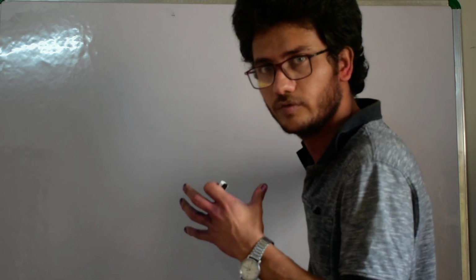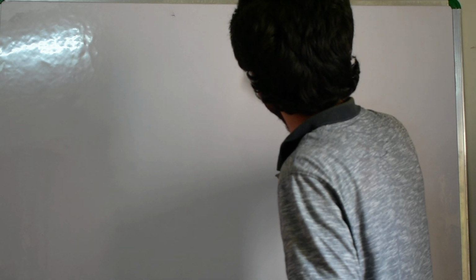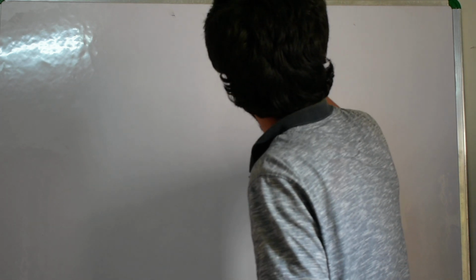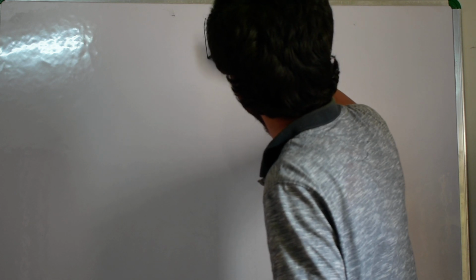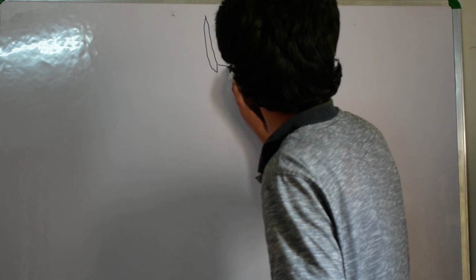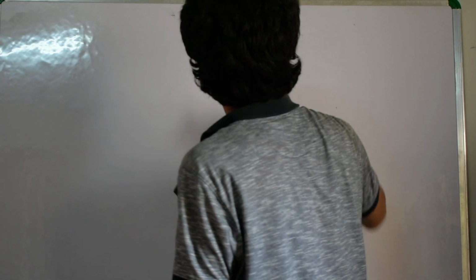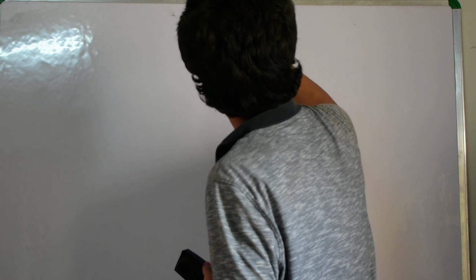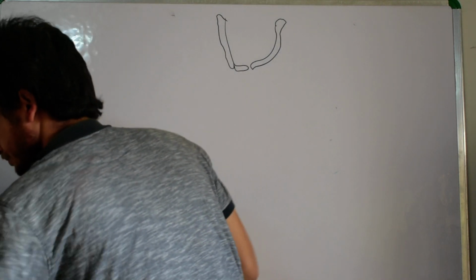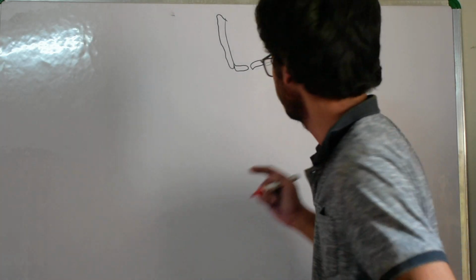If you see it from the lateral view, from the lateral side, let's make the muscle fibers in red. Actually, you should make it with orange color.